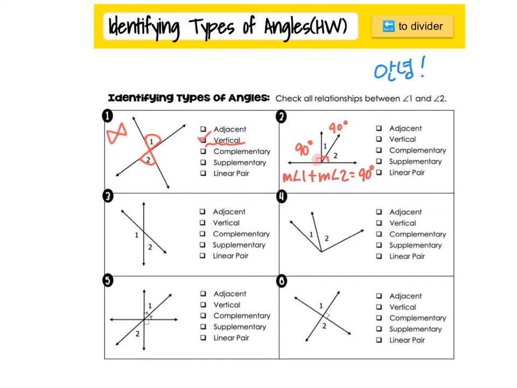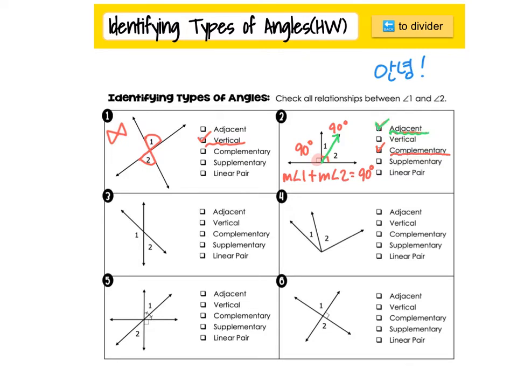It's complementary angles. And is there anything else? Yes, they're also adjacent. So adjacent angles, how do we know they're adjacent? They stick together and share that common side in the middle, right? So that is adjacent angles.